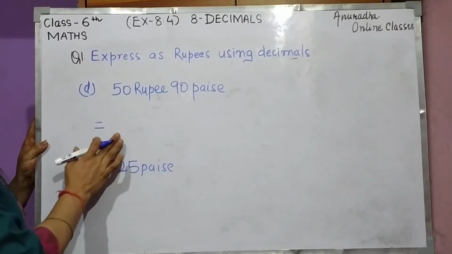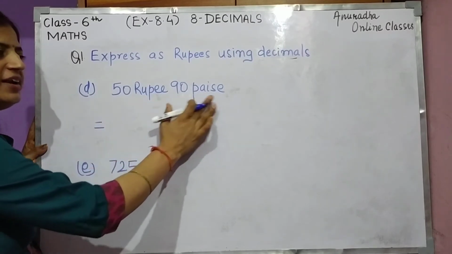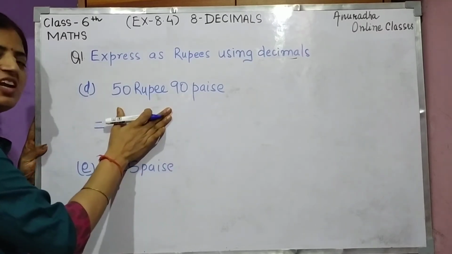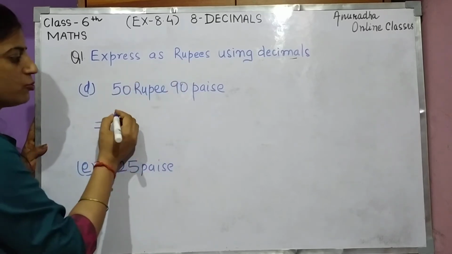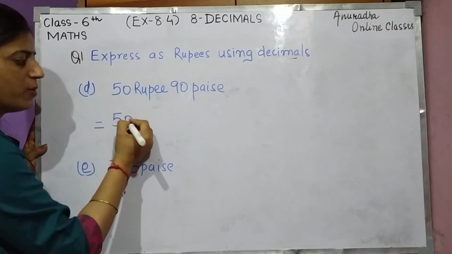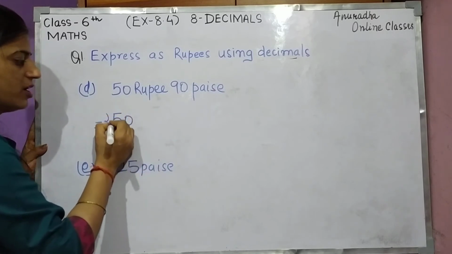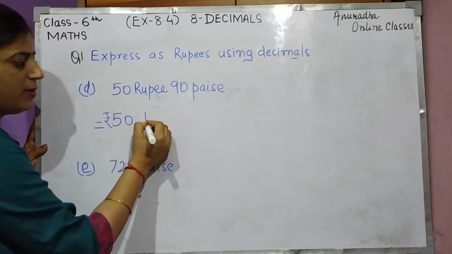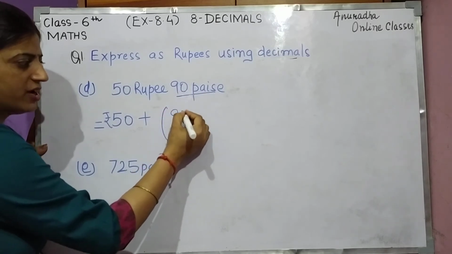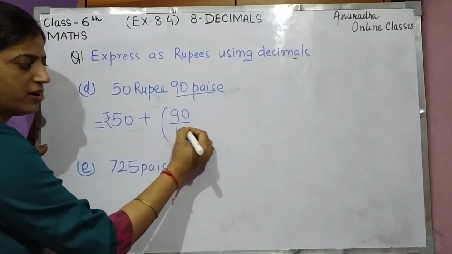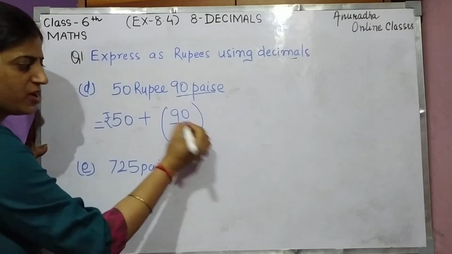Okay, let's come to D part. That is 50 rupees 90 paisa. 50 rupees and 90 paisa. तो rupees is already in rupees. No need to convert. तो हम इसको लिख लेंगे, rupees को rupees रहने देंगे. Okay, this is 50 rupees plus paisa को हमें convert करना है, so put it into bracket, this is 90 upon 100. 100 से divide करने से ही हमें rupees मिल रहा है.